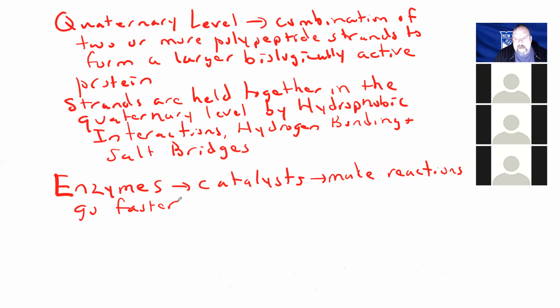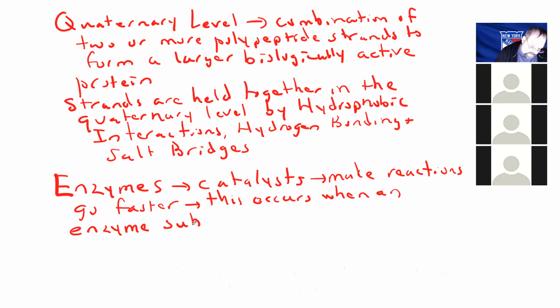So enzymes are catalysts. They make reactions go faster. How do they do this? Well, this occurs when an enzyme substrate complex is formed.